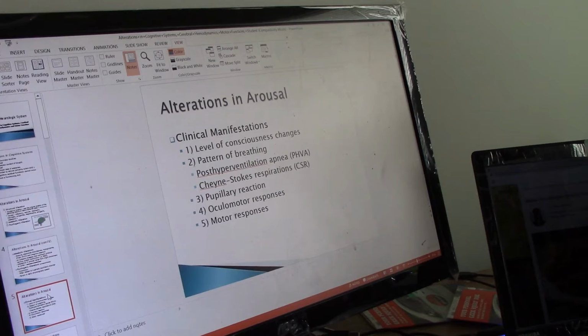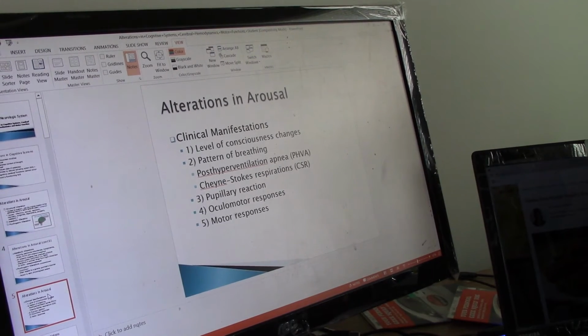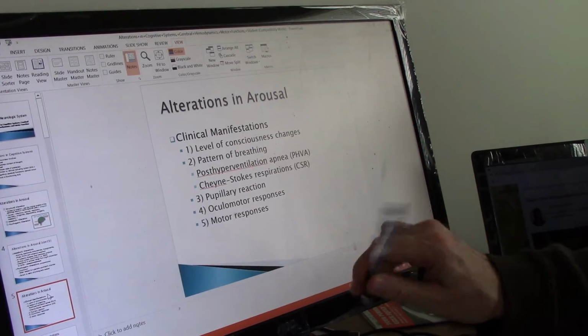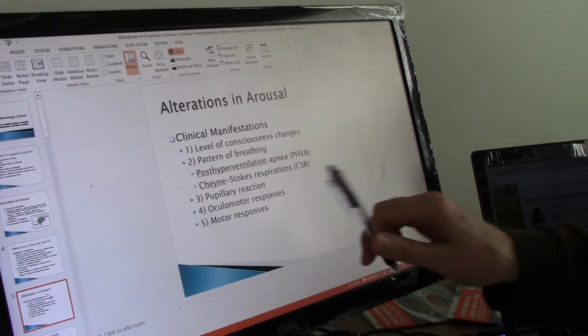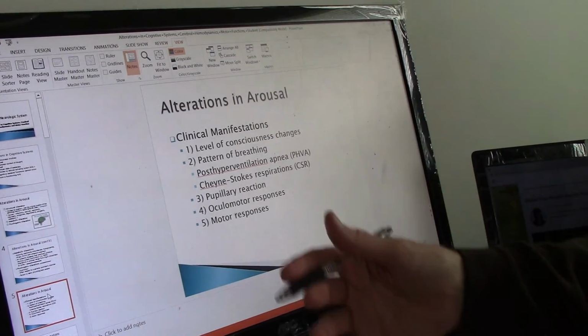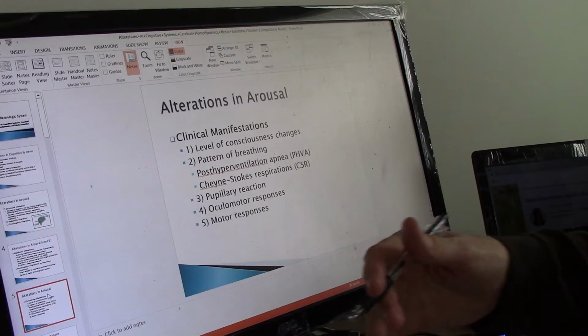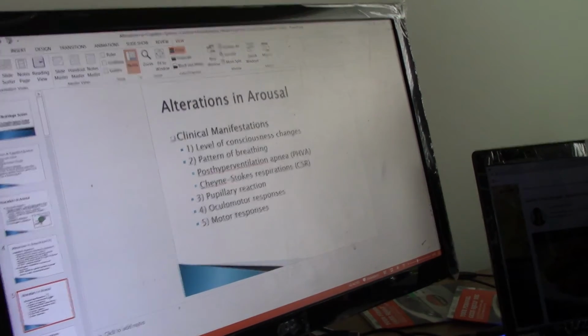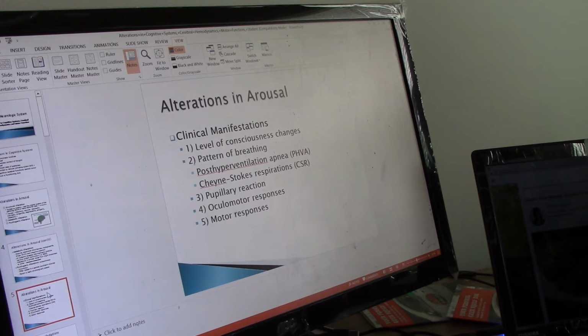Maybe your heart rate is still okay, your vital signs, your oxygen saturation, but I'm starting to see a change in your level of consciousness. This is one of the first overt indicators that something is wrong with a patient with their neural system. So you always want to respect a change in level of consciousness.